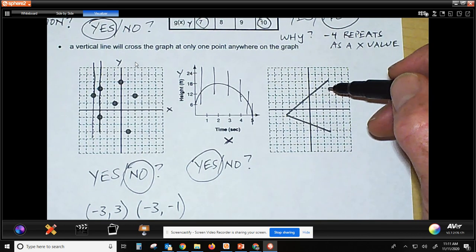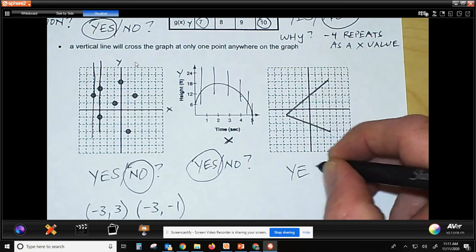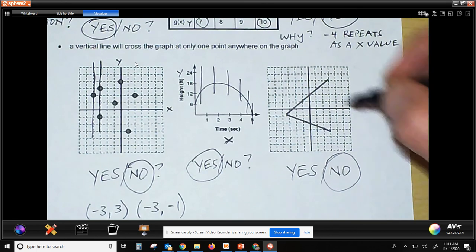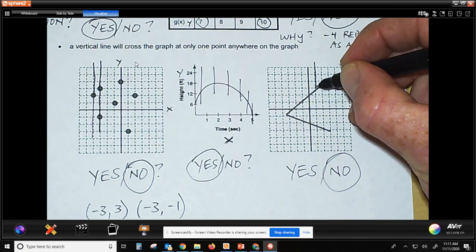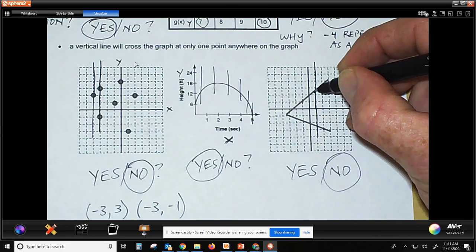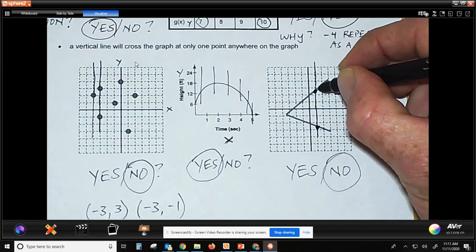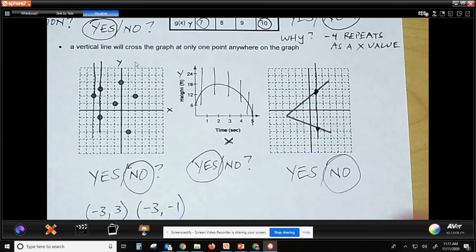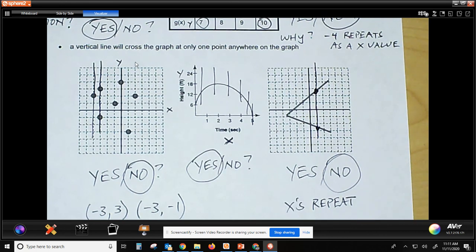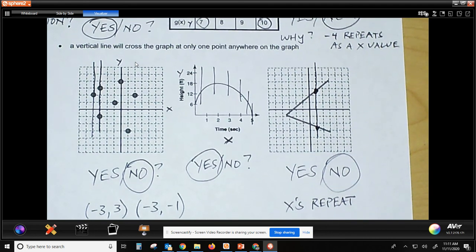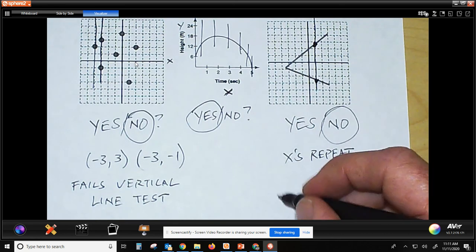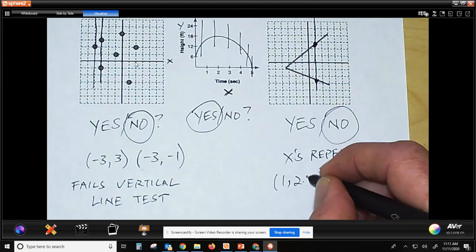Okay? This graph, yes, no. It is also no. Good job, Jonas. If I draw a vertical line pretty much anywhere in this graph, in 1 or 2 locations, this function on a graph has multiple x's, the x's repeat. It fails the vertical line test, because I've got over 1 and up 2.5, 1, comma 2.5.